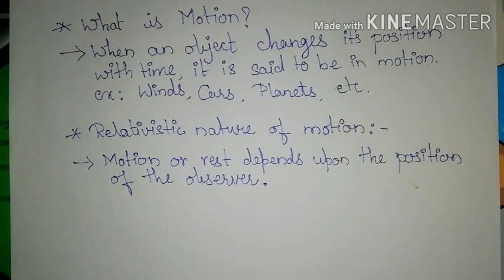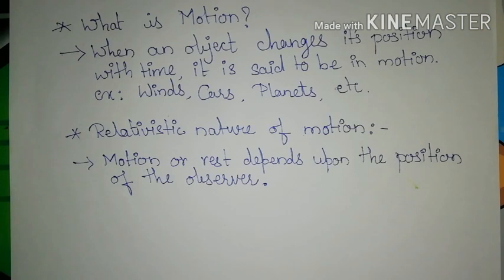But if you were to go to the moon or sun or Mercury or any other planet or natural satellite, you will observe that your family member is changing their position with respect to earth. They are rotating with the earth and also revolving around the sun with the earth. That means motion depends on from where you look at it.